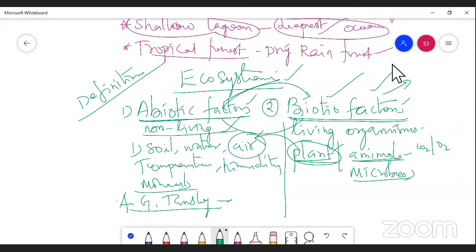Next, many ecosystems are there, and the ecosystems composed together are called the environment. What is the meaning of environment?